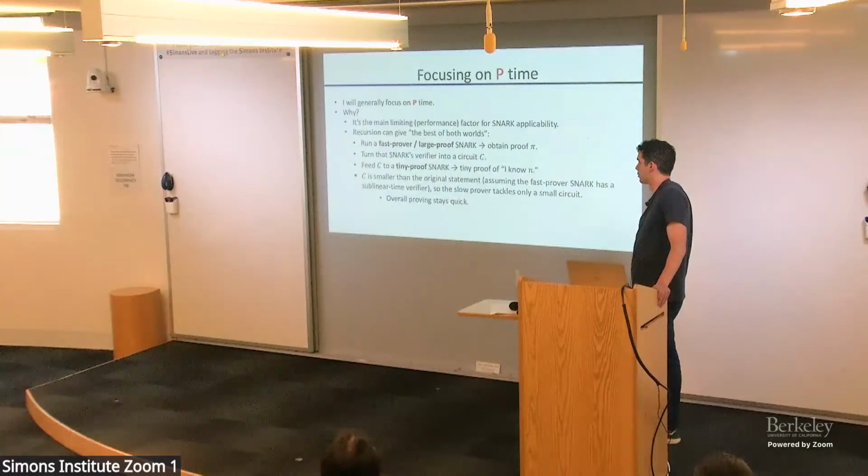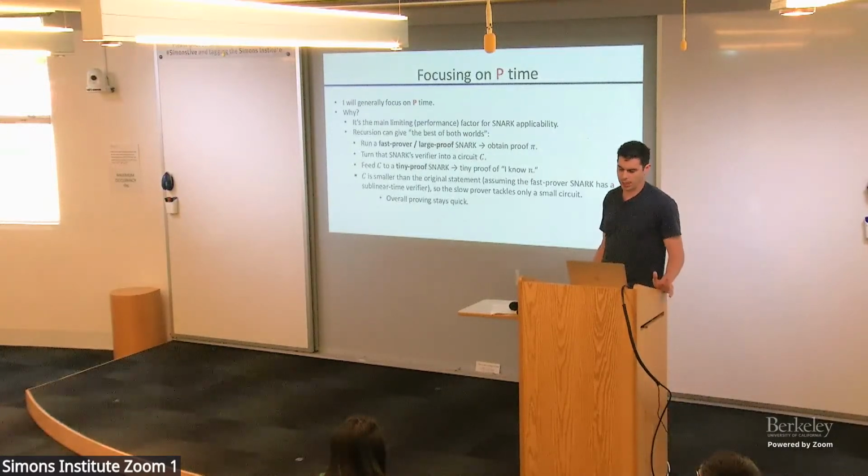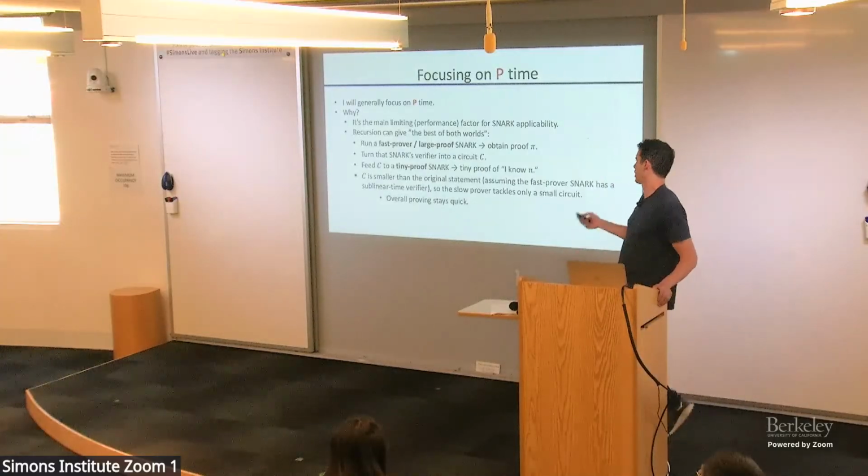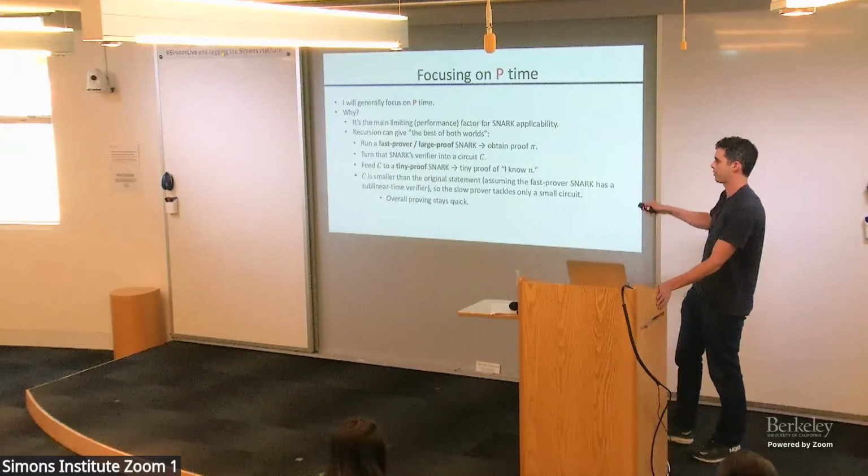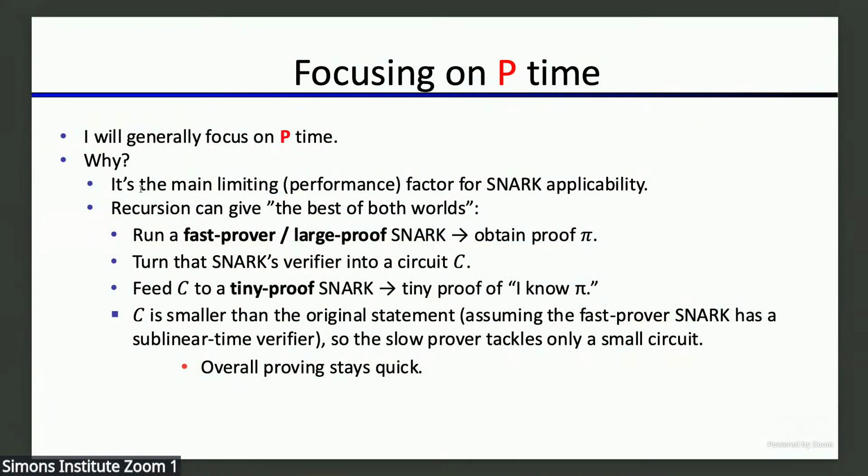I kind of wish we didn't have to do this. Turning one verifier into something you can prove something about in the other proof system is kind of gross, and sometimes it can actually be prohibitively expensive. I'll say more about this. One of my goals is to make people use less SNARK recursion and composition for reasons like this.